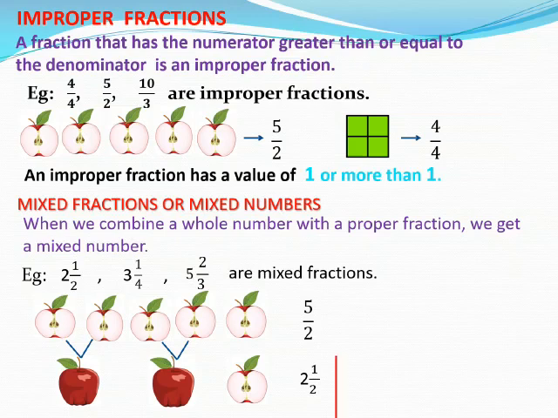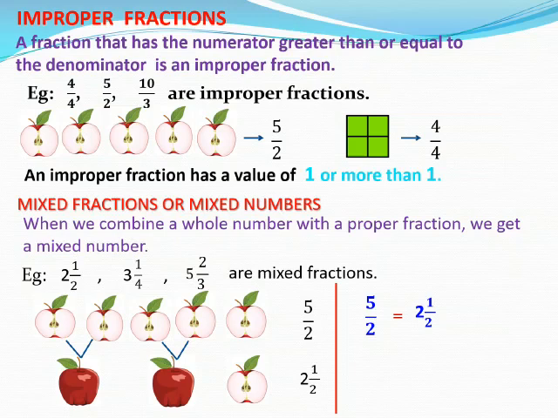So, what do you understand from this? We can see from this example that 5 by 2 is equal to 2 and a half, or 2 1 by 2. Here 5 by 2 is an improper fraction. 2 1 by 2 is a mixed number.